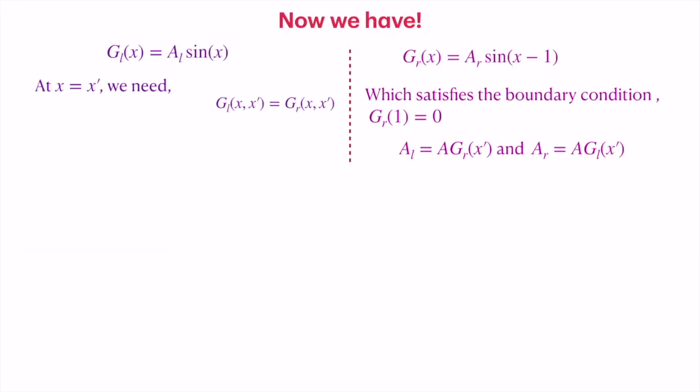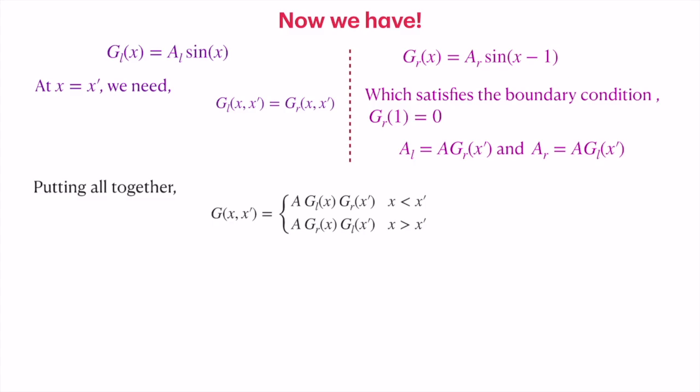Now we have a g_L which is A_L sin x, and a g_R which is A_R sin(x minus 1), which satisfy their respective boundary conditions. We have matched them using the constants A_L equal to A into g_R of x prime, and A_R equal to A into g_L of x prime.